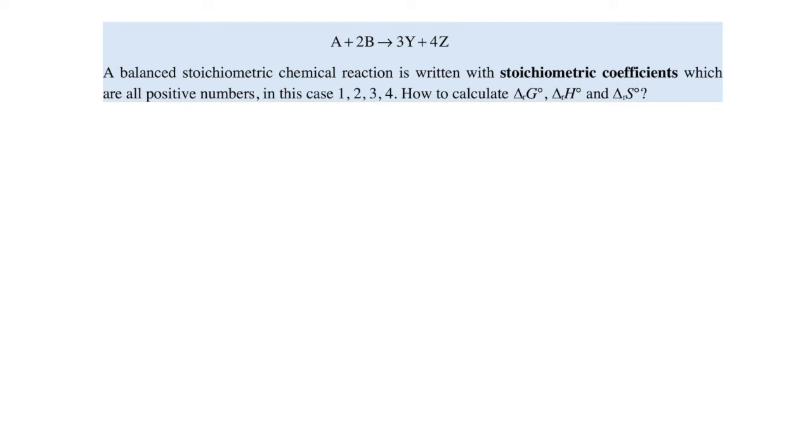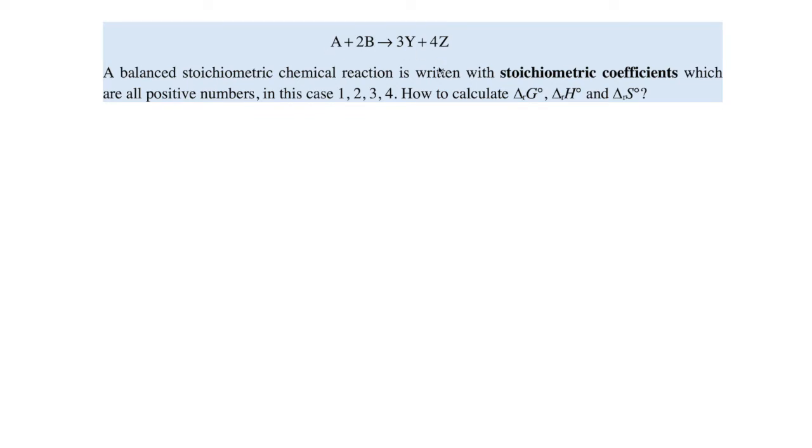Now, take a look at some arbitrary balanced chemical reaction. A plus 2B goes to 3Y plus 4Z in this example. And we can balance a reaction by using stoichiometric coefficients, stoichiometric coefficients of 1, 2, 3, and 4 in this case.